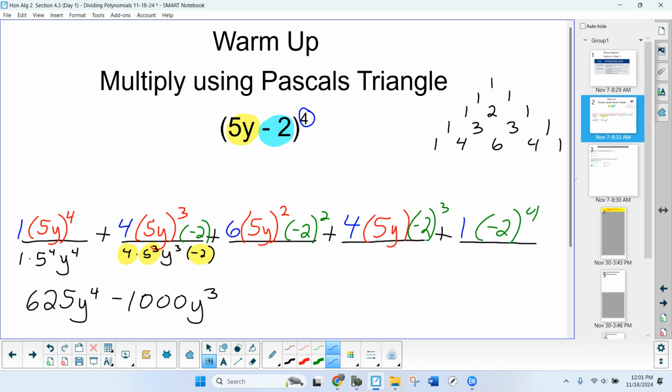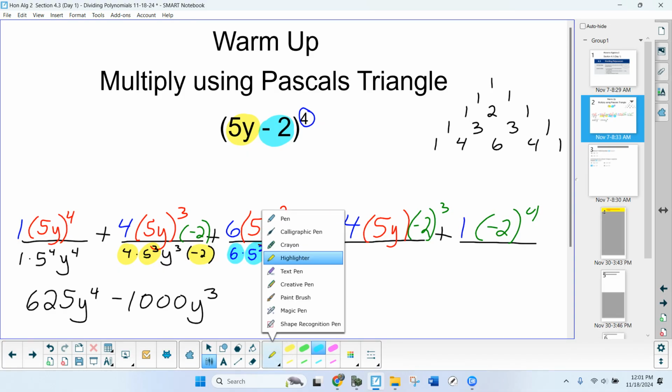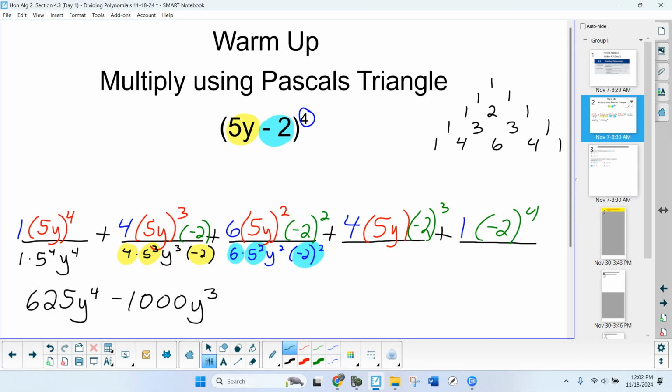And then what did you multiply here? 6, 5 squared, and then -2 squared. So you did 6 times 25 times +4. And what did you get there? 600. Positive 600 y squared. And then what did you multiply here? 4, 5, and then -2 cubed.